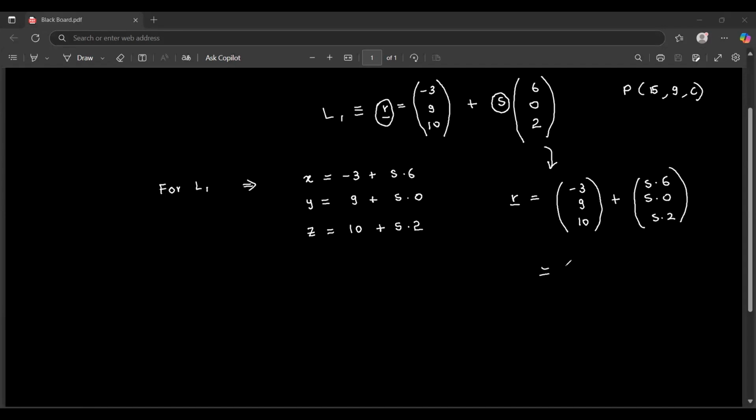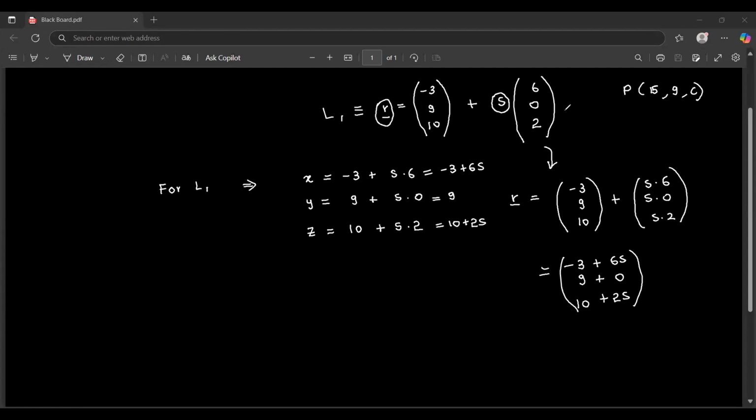The i value will be -3 plus 6s, the j value will be 9 plus 0, and the z value 10 plus 2s. So this is what we have come up with: x equals -3 plus 6s, y equals 9, and z equals 10 plus 2s.